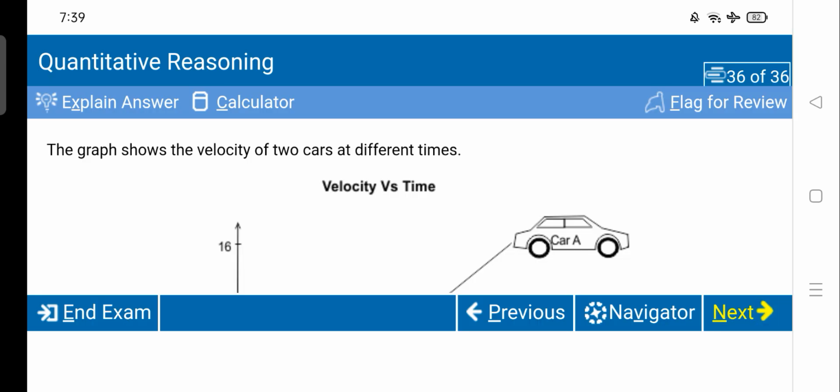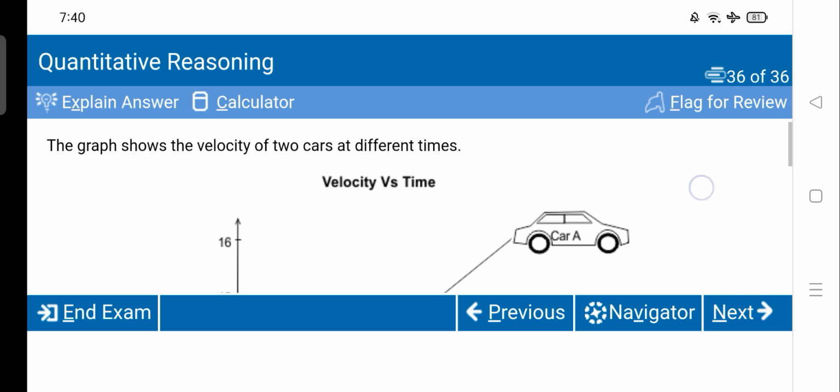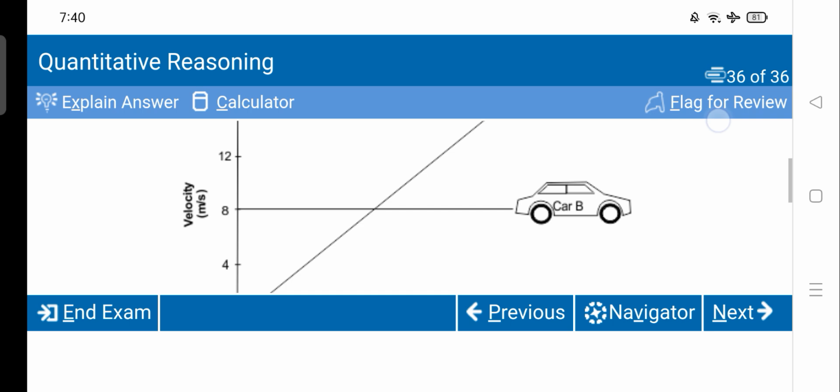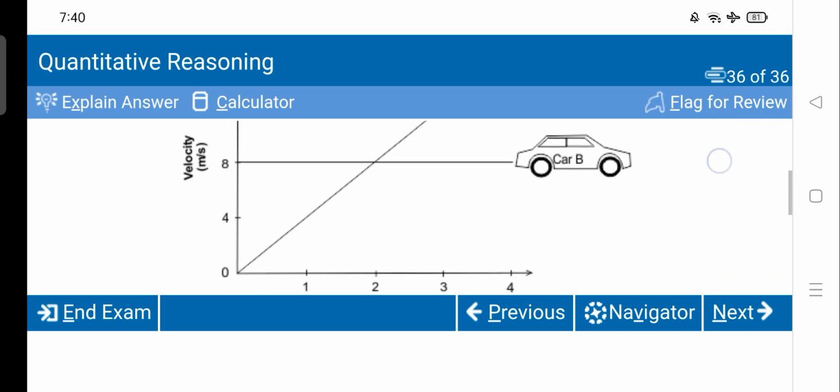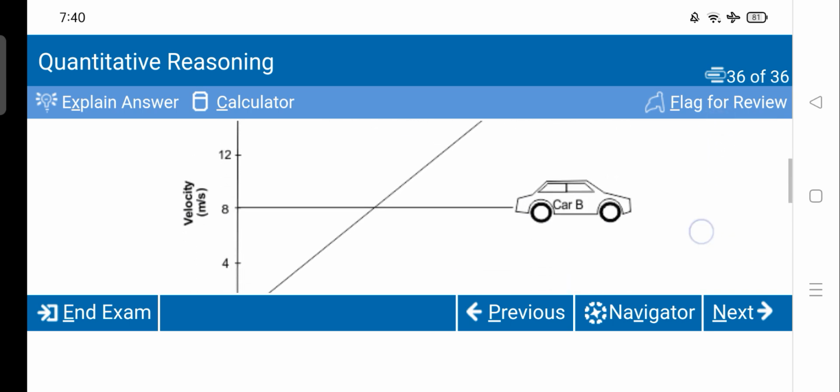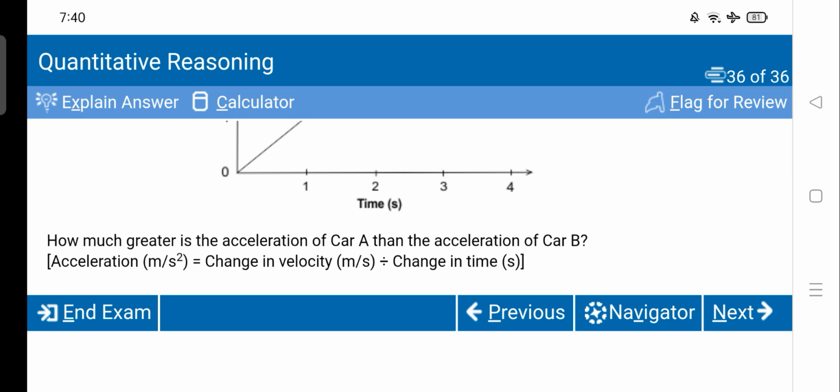The next question is that the graph shows the velocity of two cars at different times. So velocity versus time, we have velocity, car A, car B, and then time. The question is: how much greater is the acceleration of car A than the acceleration of car B?